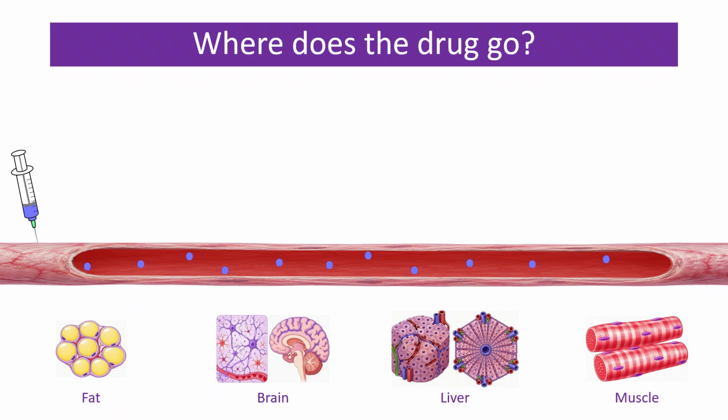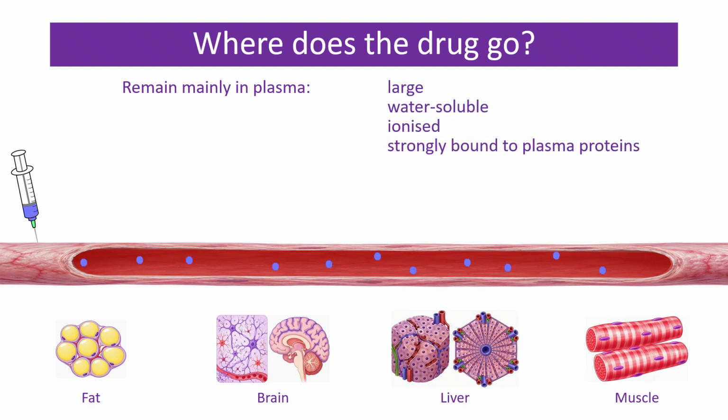Once a drug enters the circulation, it does not necessarily stay in the blood. Some drugs remain mainly in the plasma, especially if they are large, water-soluble, ionized, or strongly bound to plasma proteins.